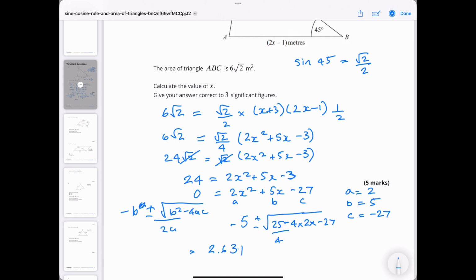That's the plus; if it was a minus it wouldn't work, so that's the answer. To 3 significant figures, 2.63 is what x equals.